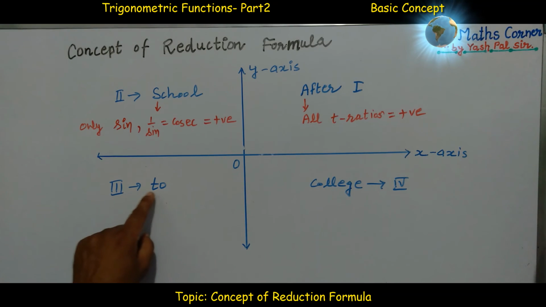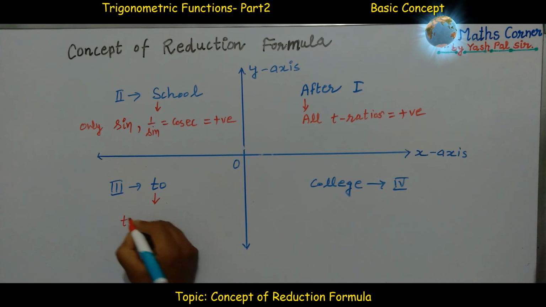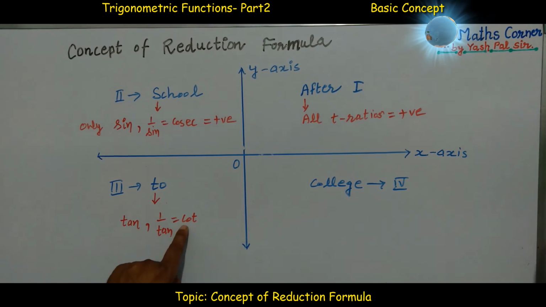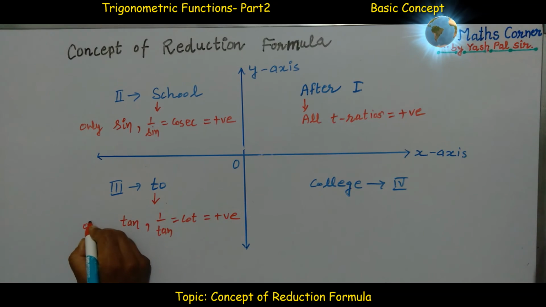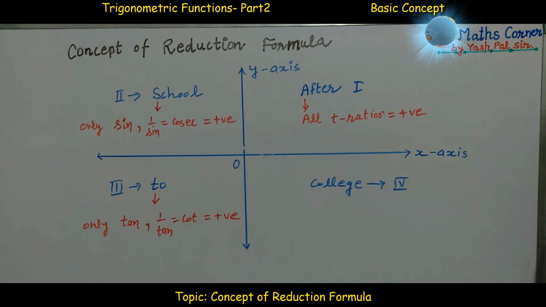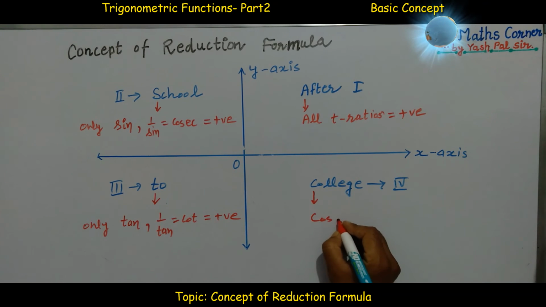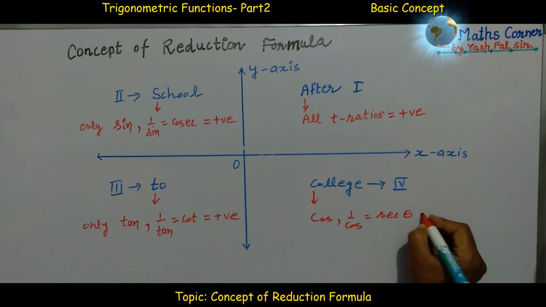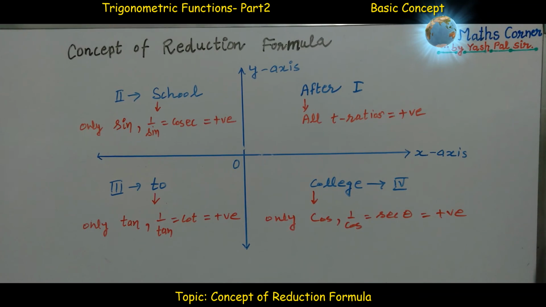In the third quadrant, the first letter is T. T means tangent. Tangent and its reciprocal, 1 upon tangent, which is cotangent theta, are positive. Only these T ratios are positive in the third quadrant. Now coming to the fourth quadrant, college, first letter is C. C means cos and its reciprocal, secant theta. They are positive and the other T ratios are negative in the fourth quadrant.